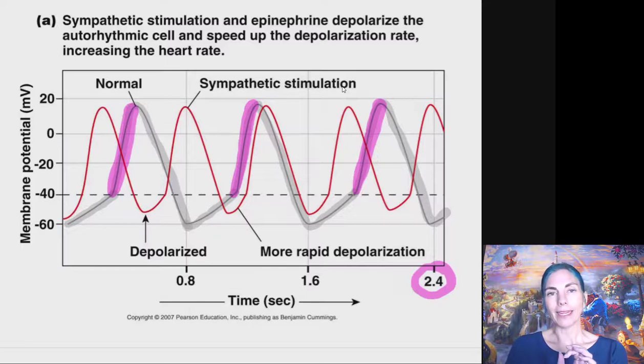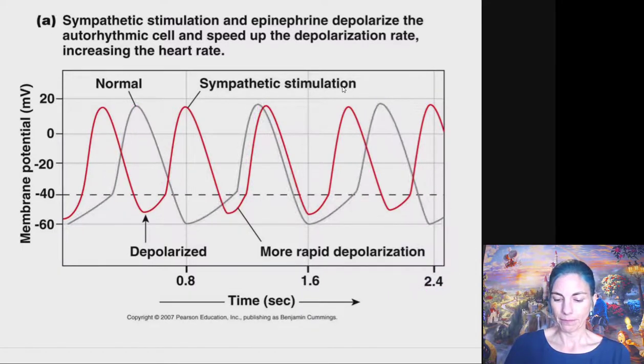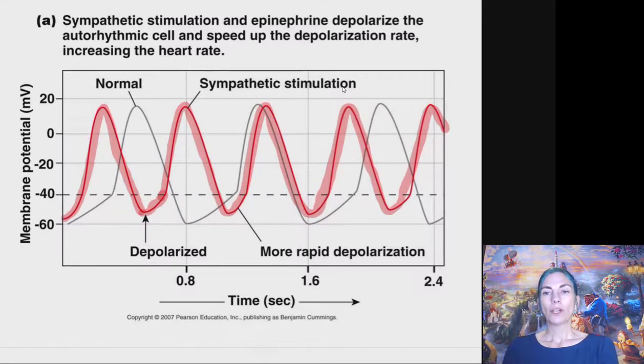Now, that's the gray line, that's the default. The red line is indicating how the autorhythmic cells will change under sympathetic stimulation, norepinephrine, epinephrine. And so let's go ahead and trace the red line. So hopefully you've noticed already that there are more depolarizations in the 2.4 seconds.